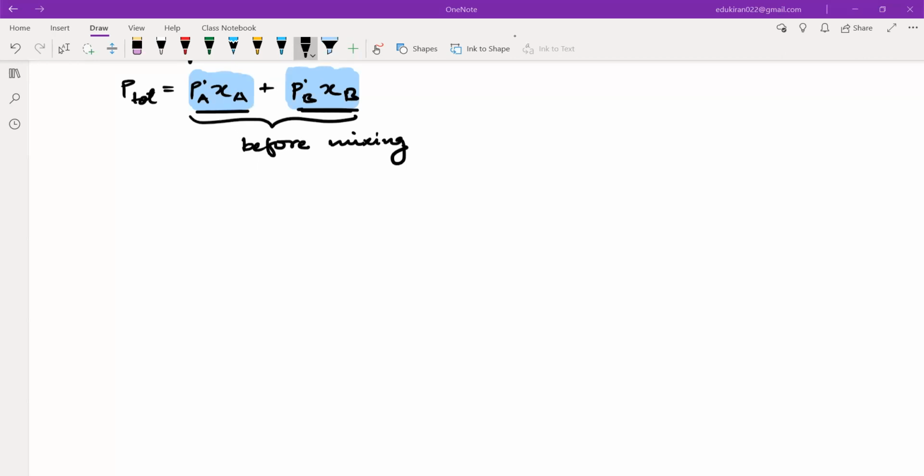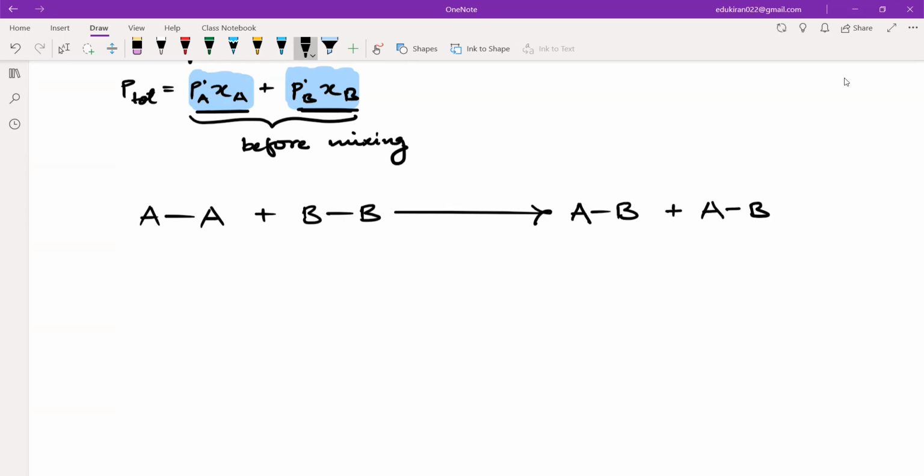Yes. Right. Now before mixing, what happens? Before mixing, you have A. It will have interactions with other A molecules. There will be B. It will have interaction with other B molecules. But as soon as we mix them, a new type of interaction will be formed between the molecules of A and the molecules of B, AB. Okay. Now, there is intermolecular force of attraction here, and there is intermolecular force of attraction here, right?